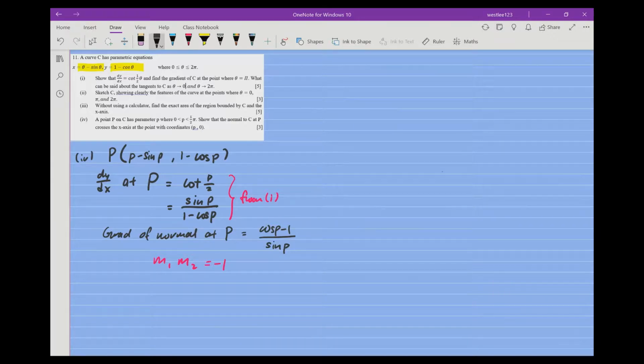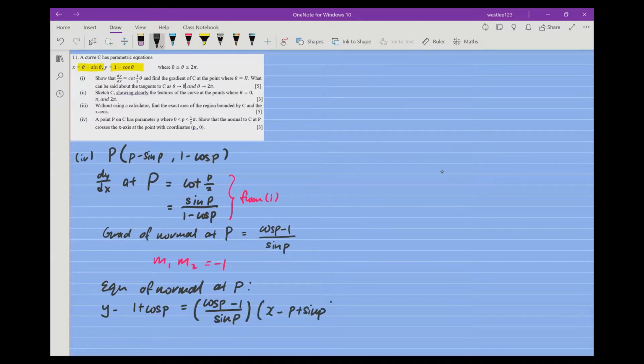Okay, so equation of normal at P is given by y minus y1 equals to m, the gradient, times x minus x1. When the curve crosses the x-axis, y equals to 0.